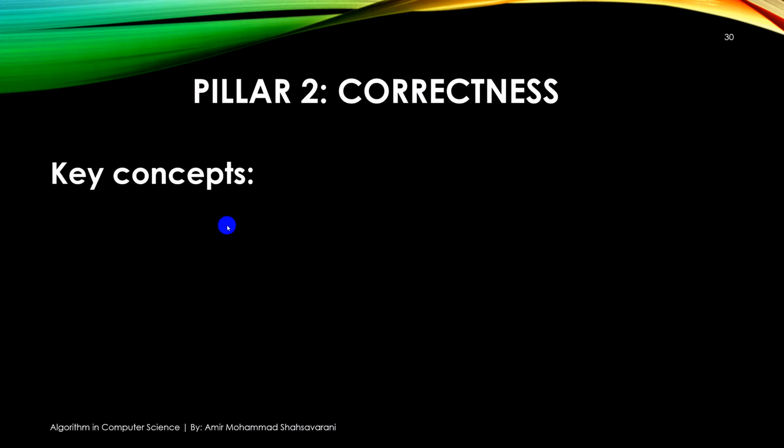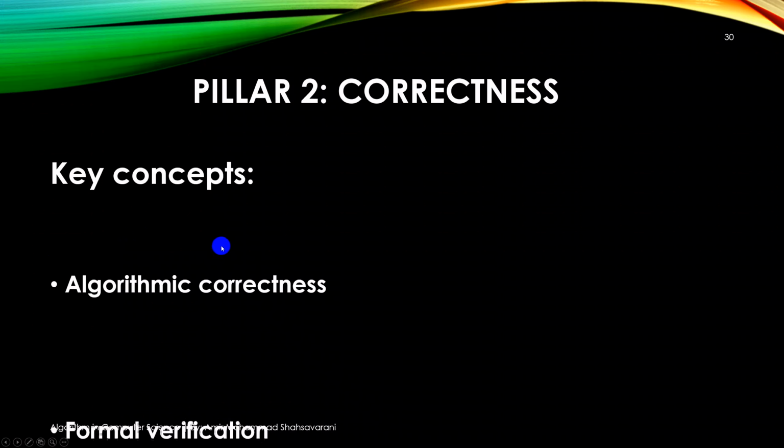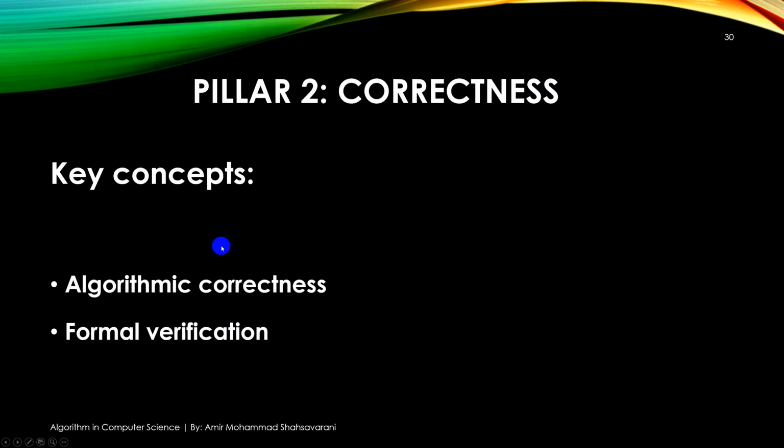So the key concepts of correctness would be algorithmic correctness. It's the property of an algorithm producing accurate results for all possible inputs. The second one is formal verification.